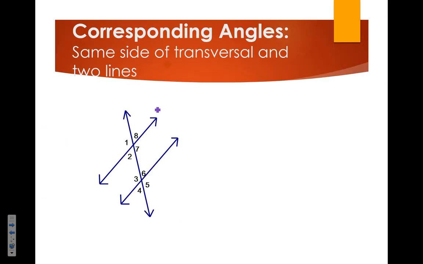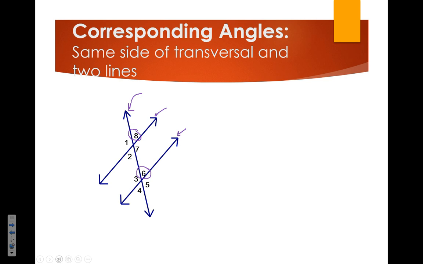So the first kind is a corresponding angle, and it's an angle that's on the same side of the transversal and of the two lines. So for example, here's angle 8, and here's angle 6. It is above that line, the angles are both above a line, and then they're on the right side of the transversal, so that's a corresponding angle.